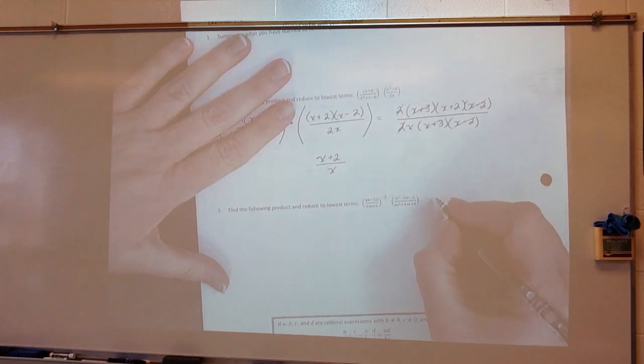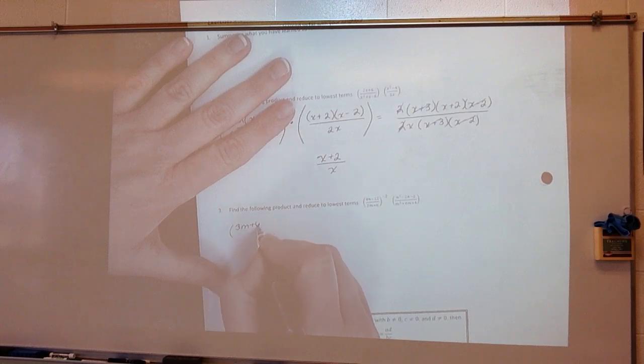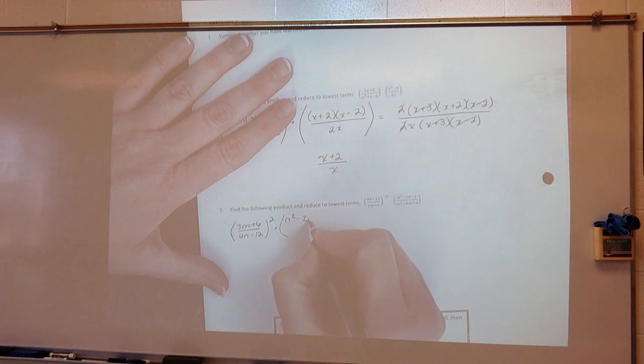All right, so I'm going to rewrite this as 3m plus 6 over 4n minus 12, squared, times, and I don't have to change anything on this one, n squared minus 2n minus 3 over m squared plus 4m plus 4.